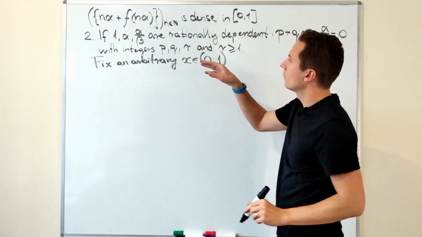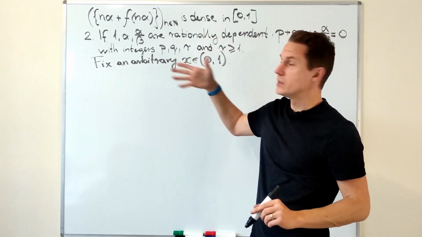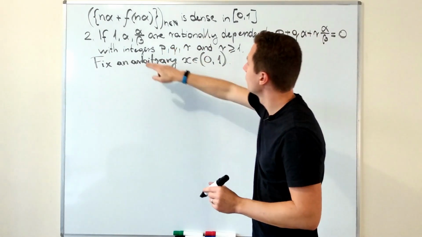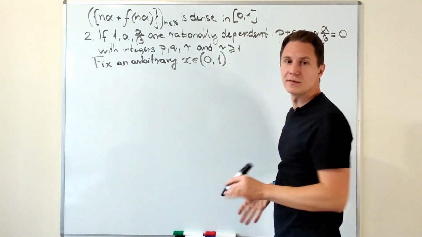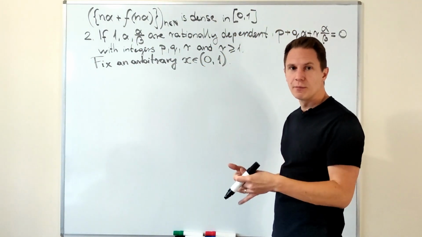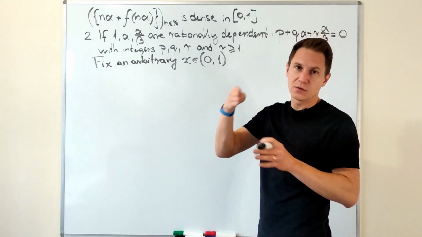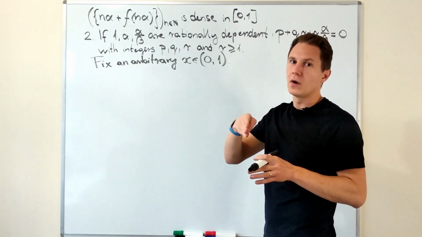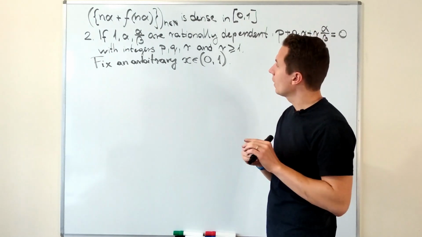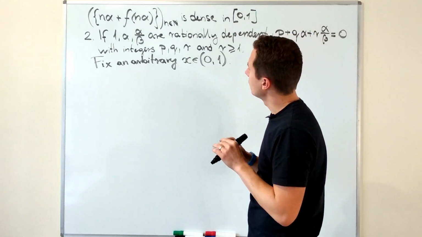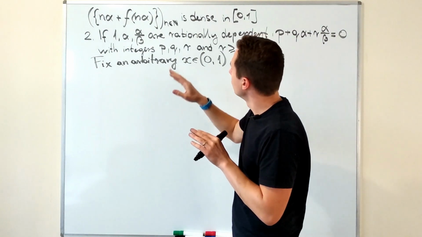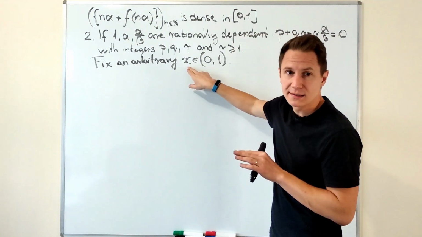And since alpha is still irrational, there must be a subsequence of the natural numbers such that the elements of that sequence times alpha, when taken the fractional part of this subsequence, will converge to this number x.